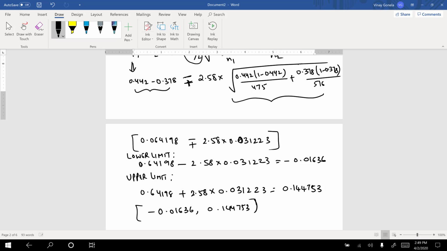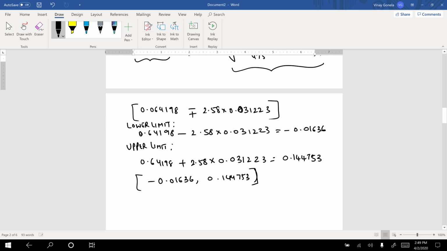So if you see, the lower limit is a negative number and the upper limit is a positive number, so that means 0 is in between them. That's the reason we can conclude that P1 minus P2 equal to 0 is true. That means P1 is equal to P2. That means both the proportions are equal.